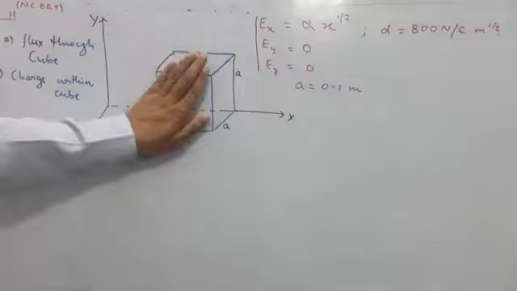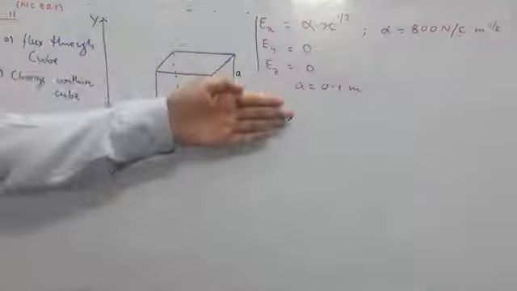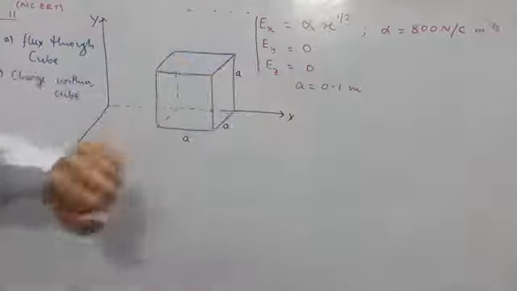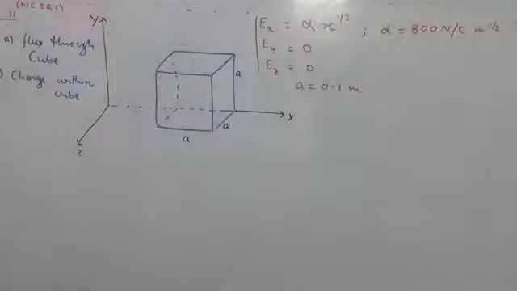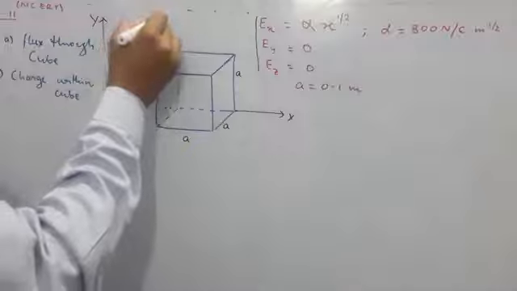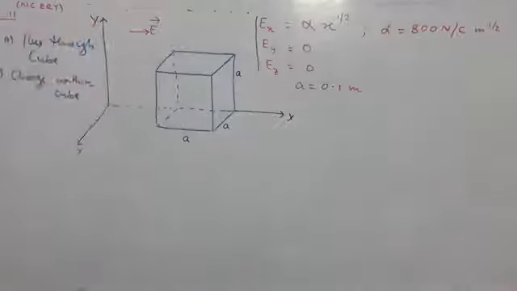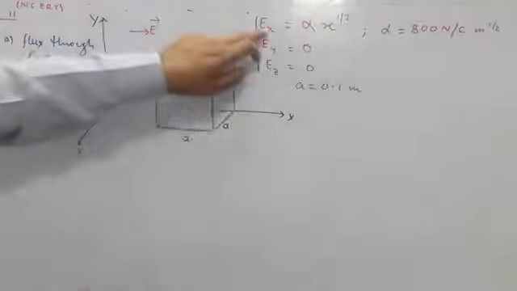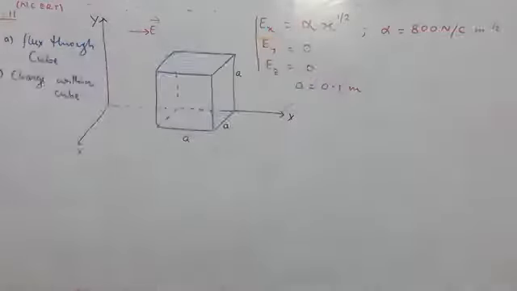So there is a cubical surface, electric field is along x-axis, because y and z components of electric field are 0. So you should remember students, electric field is in this direction along x-axis, and its value at different points on x-axis are different. Its value depends upon x.